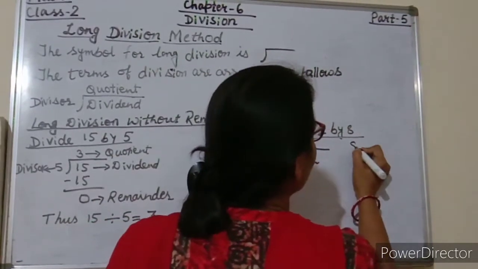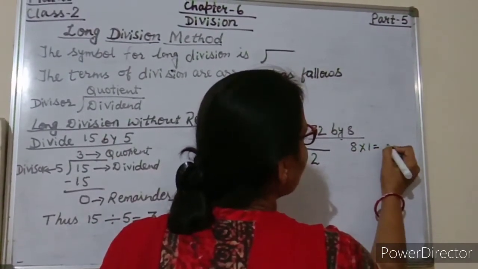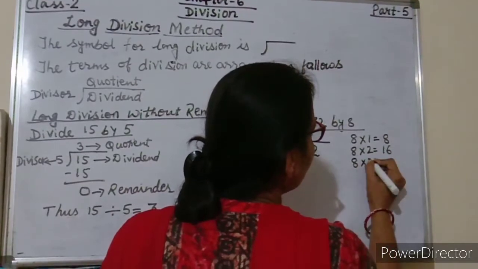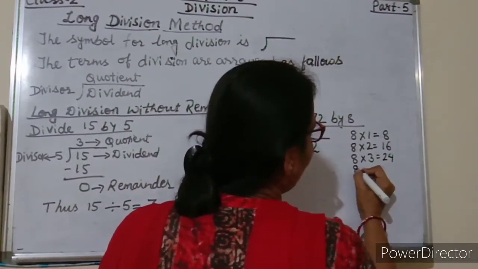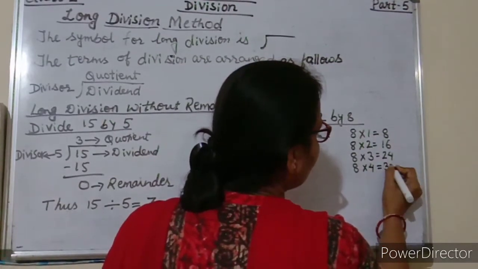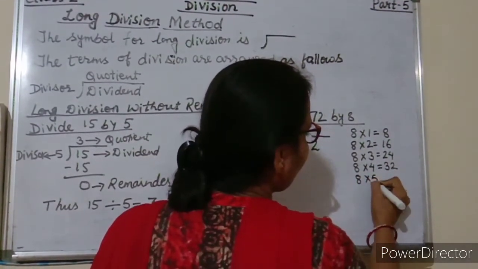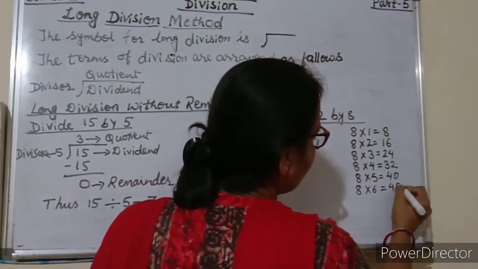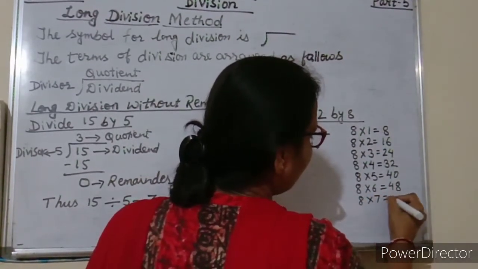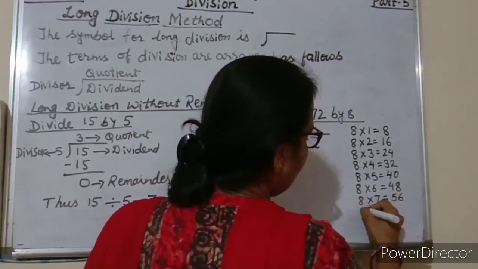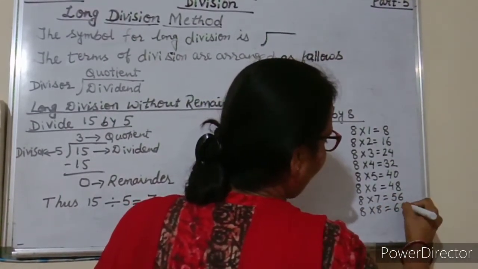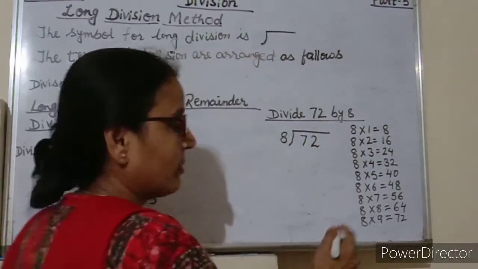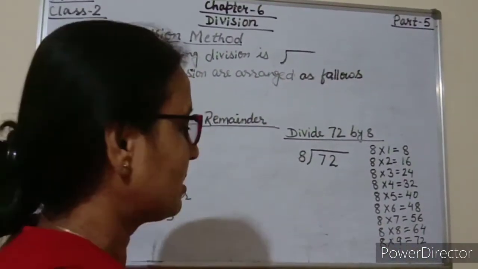Yes. 8 ones are 8. 8 twos are 16. 8 threes are 24. 8 fours are 32. 8 fives are 40. 8 sixes are 48. 8 sevens are 56. 8 eights are 64. 8 nines are 72. So 9 times 8 is equal to 72.